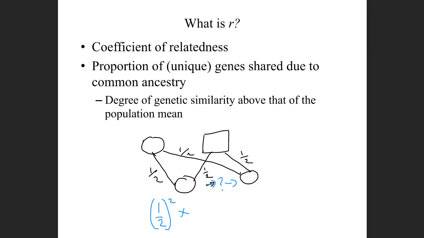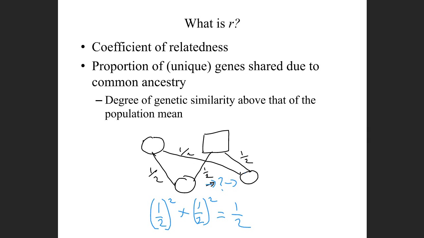So every link in a pedigree, you basically multiply by a half each time. So in that case, it's 1/4 plus 1/4, 1/2 squared plus 1/2 squared equals 1/2, right?